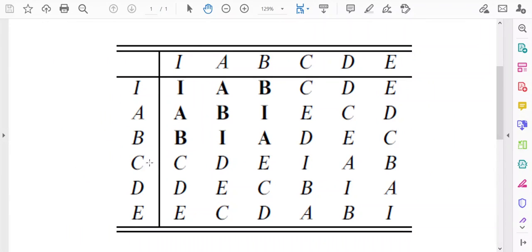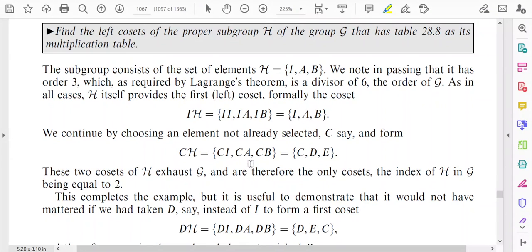For example, C into A will be D. Similarly C into B will be E. In this way we find the products. So after finding the products, we can show that CA is equal to D and CB is equal to E. So there are a total of 3 elements for the coset CH: C, D, E.